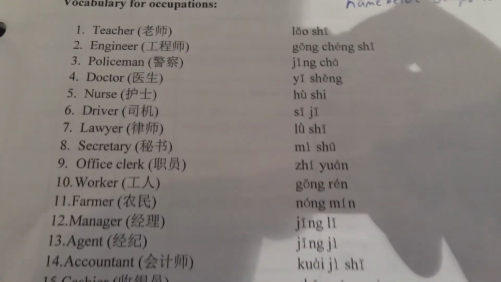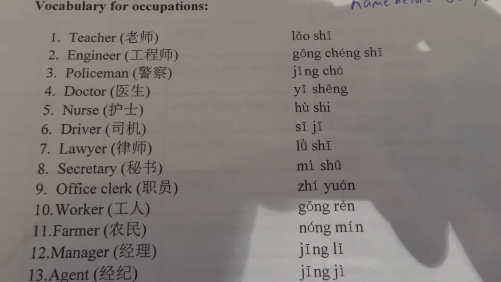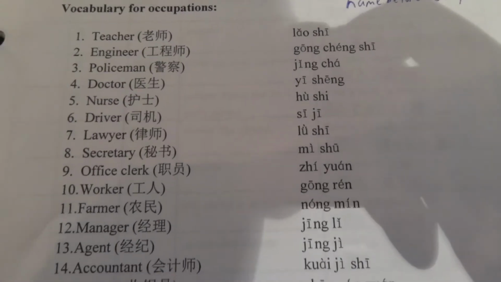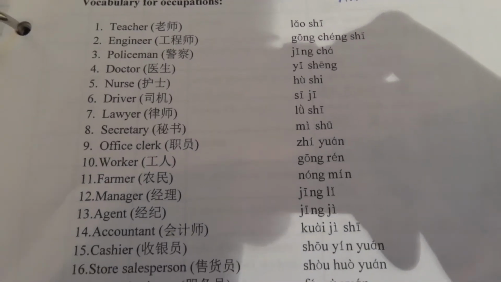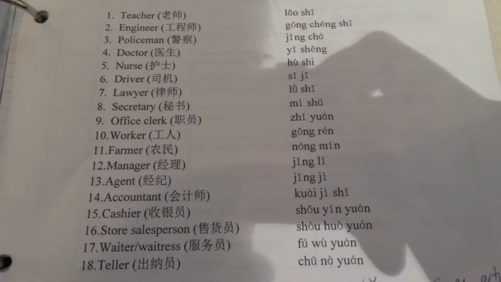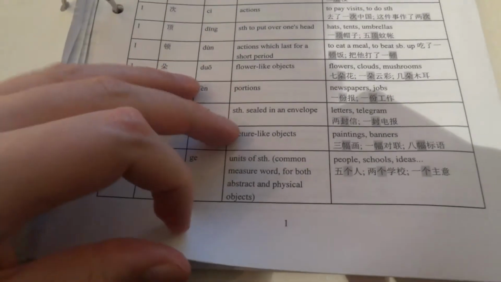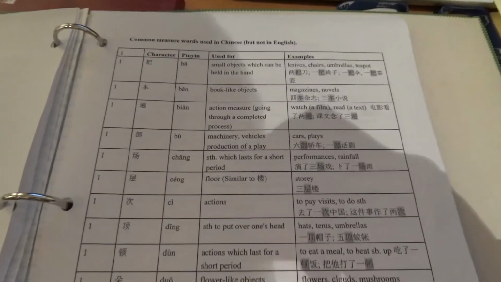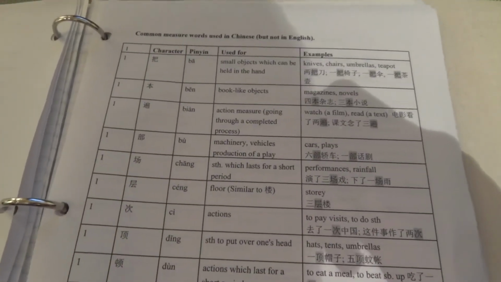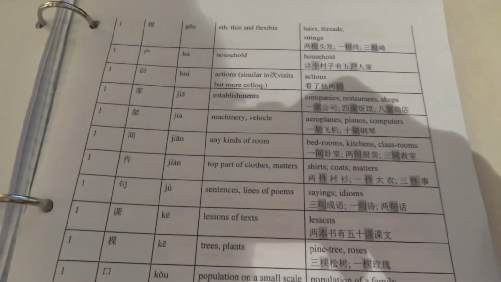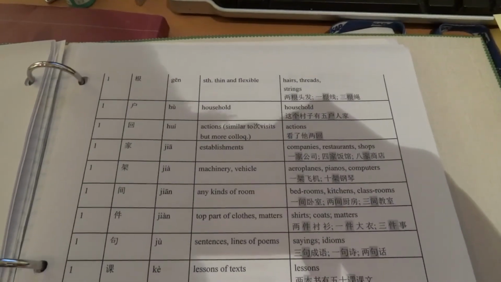I need to review these from the tape before I can say them, because I'm probably saying them totally wrong. So that's one thing I gotta do in my spare time, is learn these vocabulary properly, but I'll let you figure them out. I'm gonna skip over these measure words again, because that's something that I did earlier. And it's a lot of stuff to learn, so I have to work on these one by one.